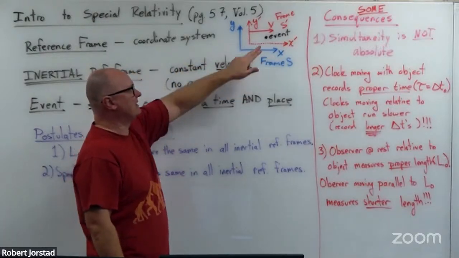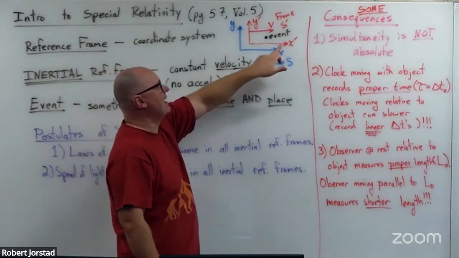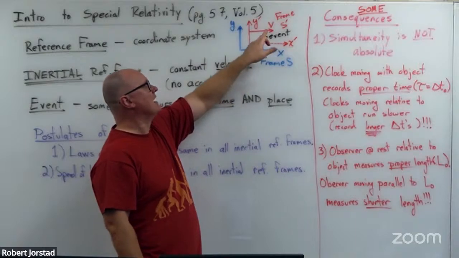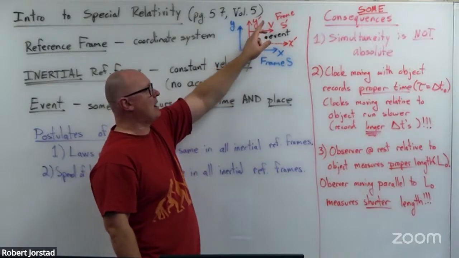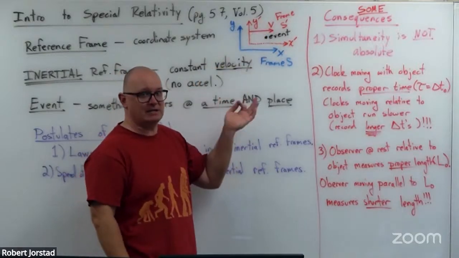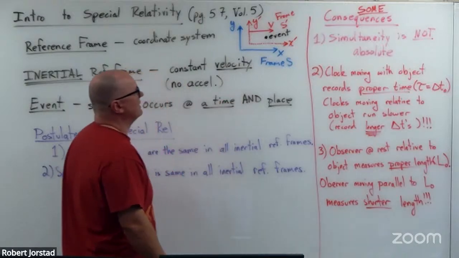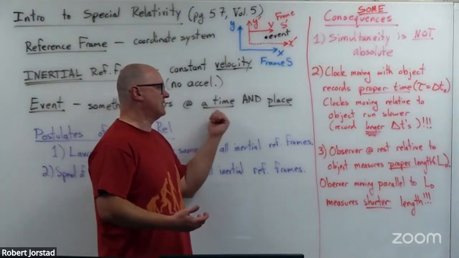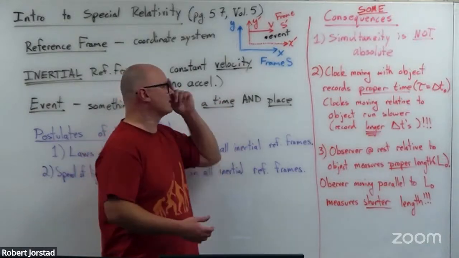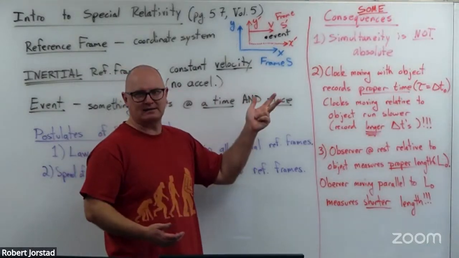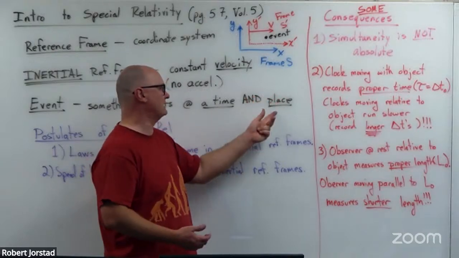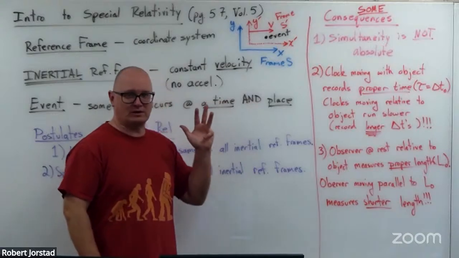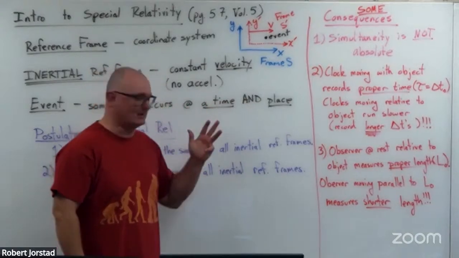The person in this other frame would have possibly a different value of x, so we'll call that x prime, and possibly a different value of y, y prime, and maybe even a different value of time, t prime. Basically, you can think about adding time to your coordinates. So there's x, y, z, that's the location or the place, the position, and then there's also time. Those four coordinates determine an event.